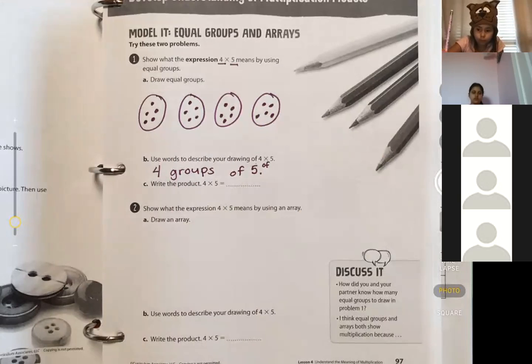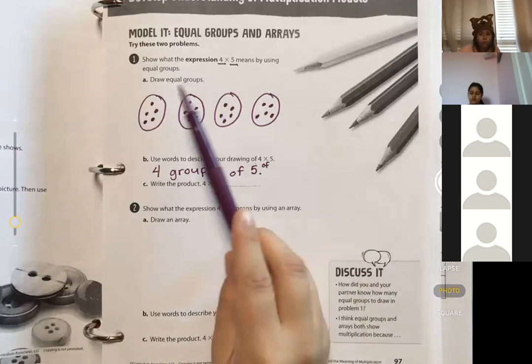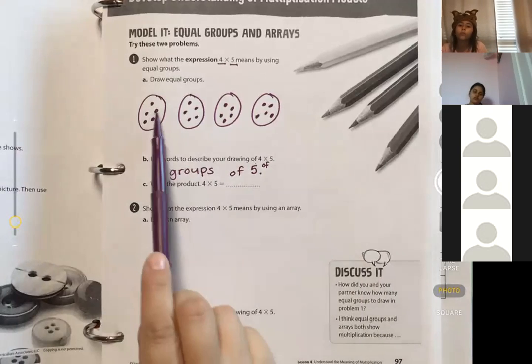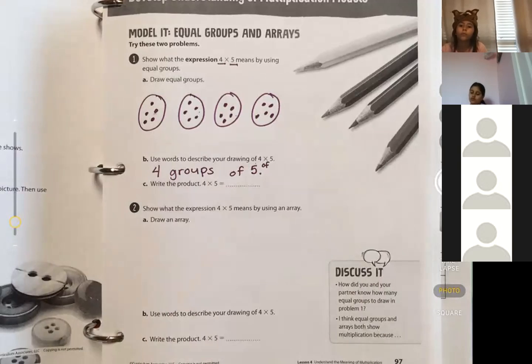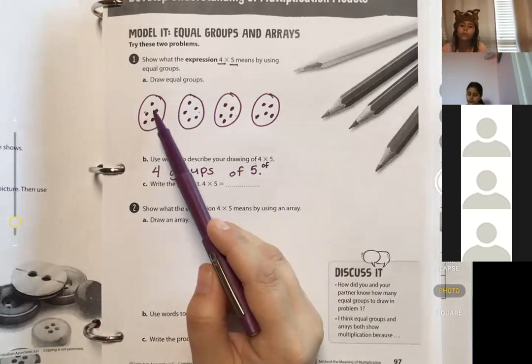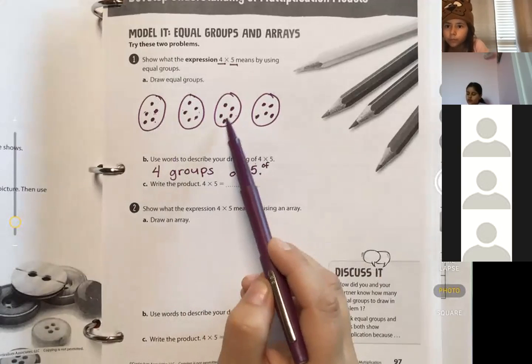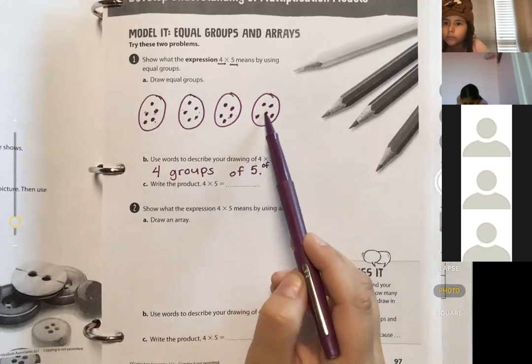And then I saw some of you telling me in the chat that you found the product. You found the answer. Okay? Some of you know what 4 times 5 is. Some of you don't. So if you're not sure, all you need to do is count your total of dots, right? So if I counted 1, 2, 3, 4, 5, 6, 7, 8, 9, 10, 11, 12, 13, 14, 15, 16, 17, 18, 19, 20.